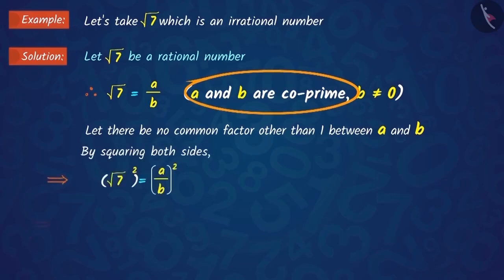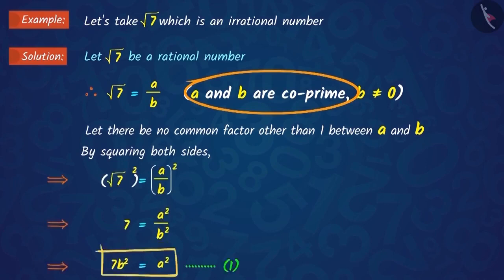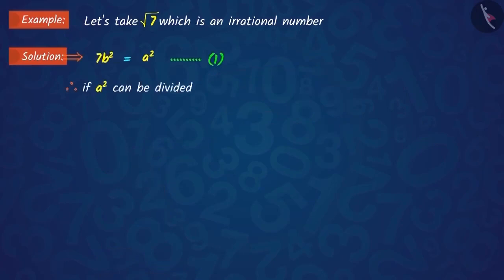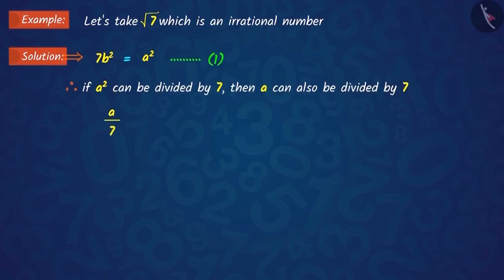By squaring both sides and rearranging, we get 7b square is equal to a square. That means that 7 divides a square. Therefore, 7 will also divide a. Suppose, when we divide a by 7, we get c as a quotient, where c is an integer.